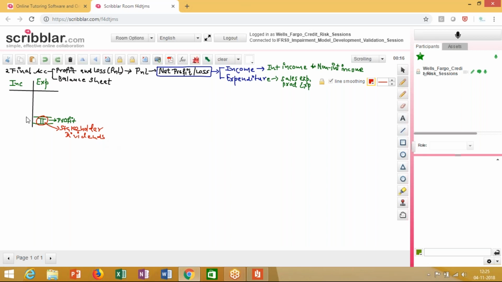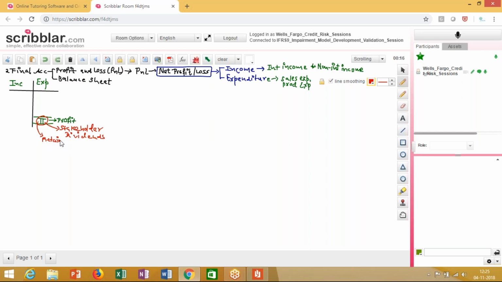Now, another important part for which it is used is your retained earnings. Out of the profit that you have earned, you keep back a certain portion as retained earnings. That is to be ploughed back into investment in the next year.